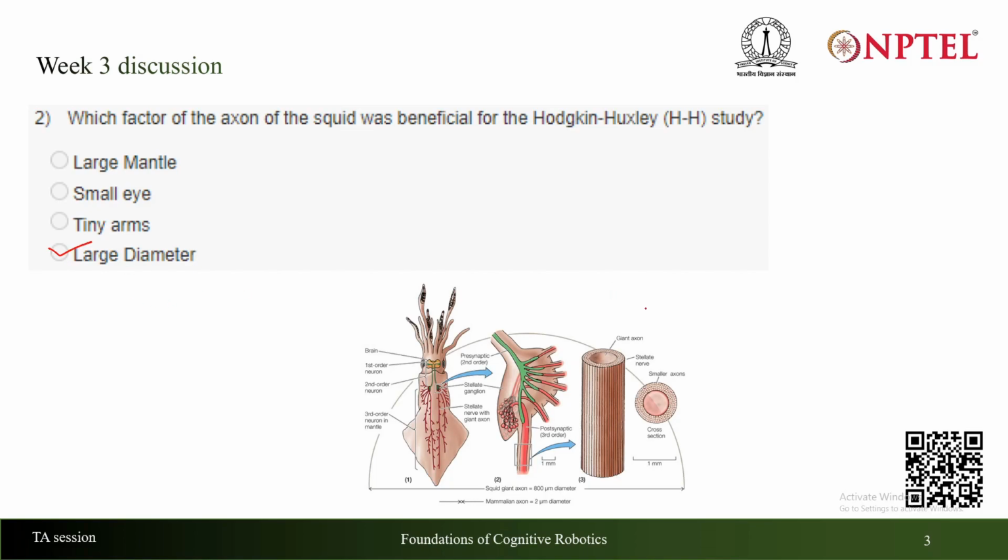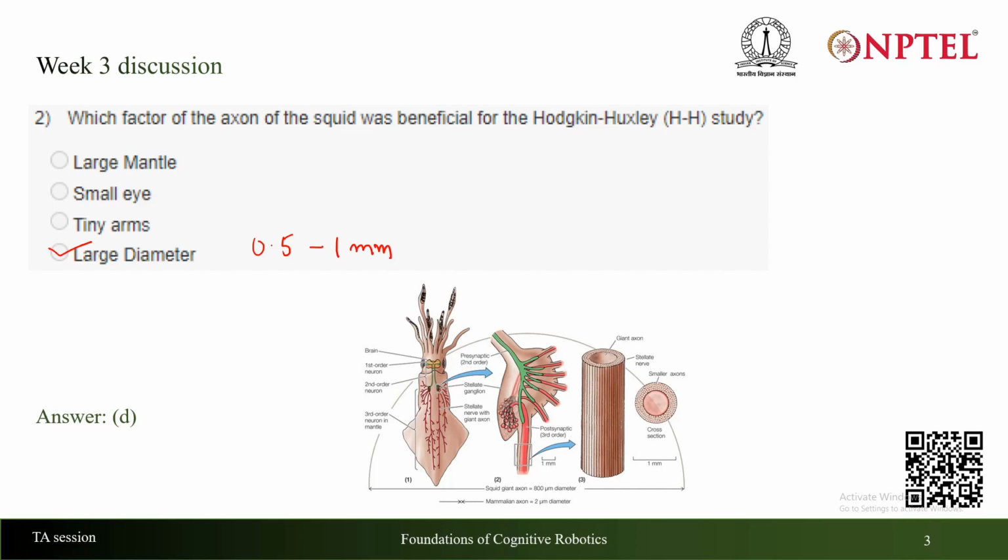This is the enlarged view of the axon. As you can see, this is the giant axon. It can range from 0.5 to around 1 millimeter in thickness, which is very high.